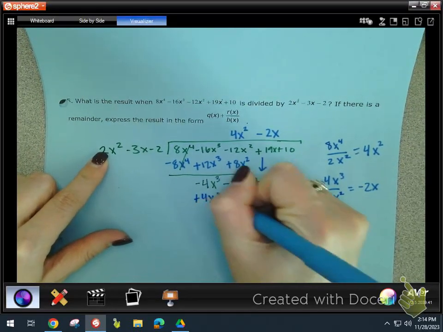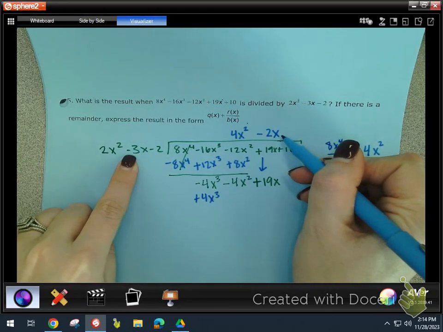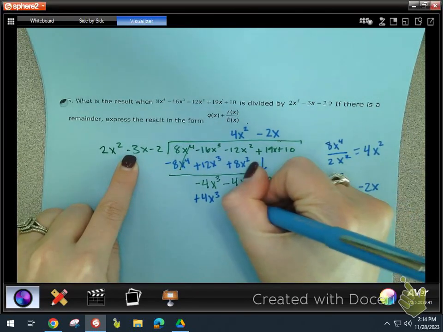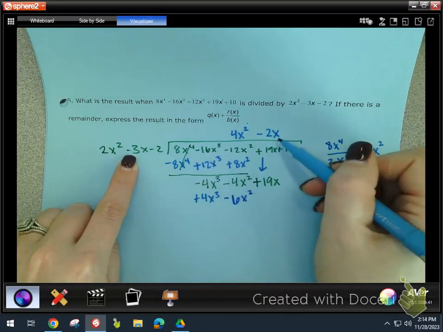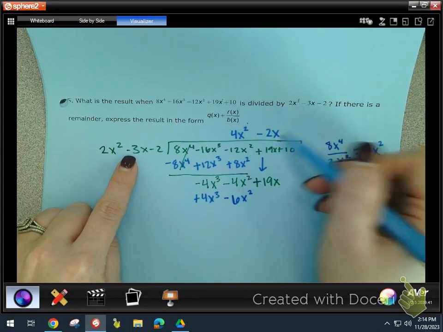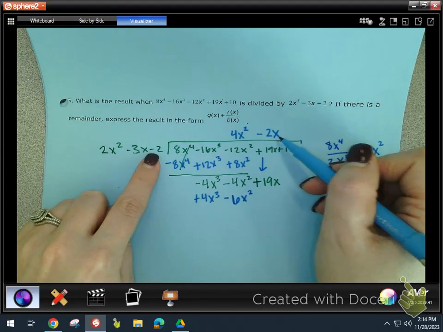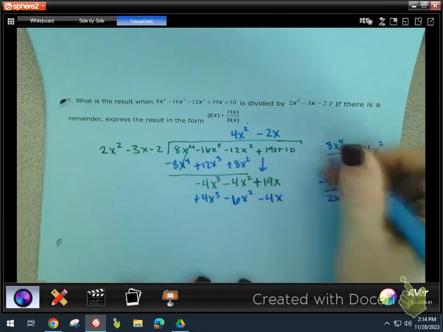Positive 4x cubed. Positive 6x squared, right? Negative 6x squared. That's probably why you thought double flip there. Yeah, I think I double. Yeah. And then again, negative times negative is a positive, but you're going to write a negative 4x.